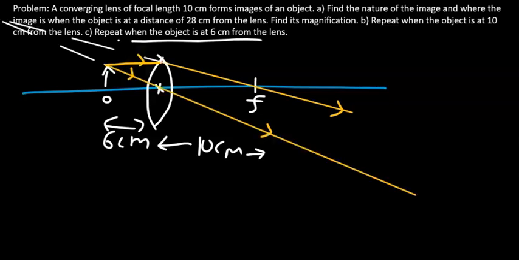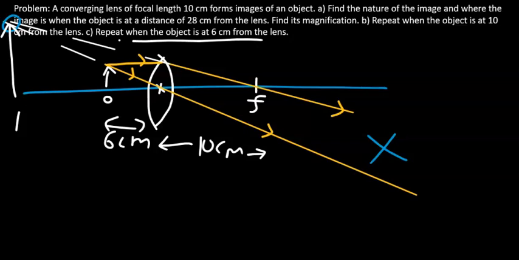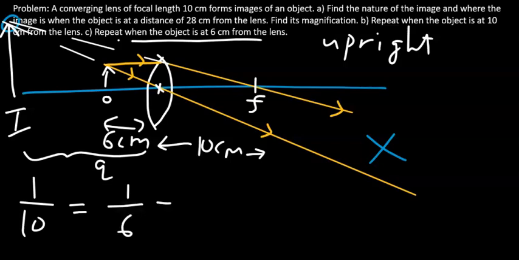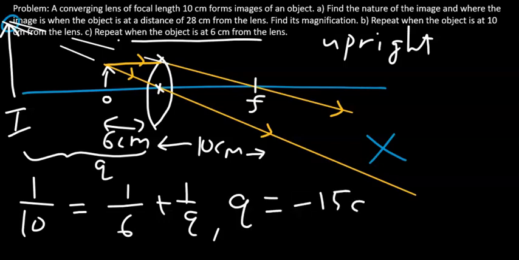And you see the image cannot be formed here, but it's formed there, and it is an upright image. And let's determine q. So 1 over f, f is positive, which is 10 cm, equals 1 over p, p is also positive, 6 cm, plus 1 over q. And q will be minus 15 cm.